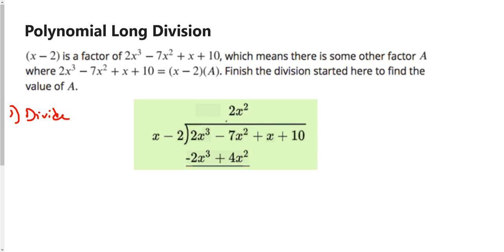That gets us 2x squared. Now 2x squared, the next step is to multiply by divisor. And so 2x squared times x minus 2, that's 2x to the third minus 4x squared.